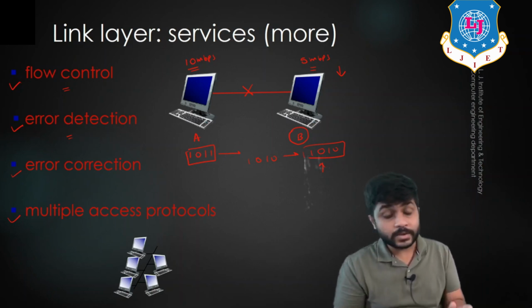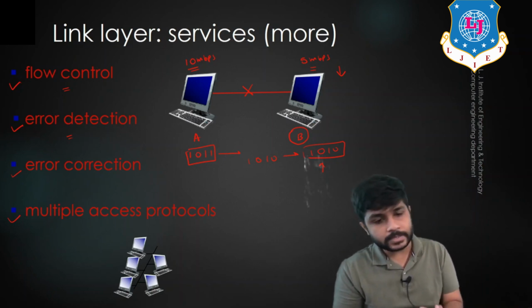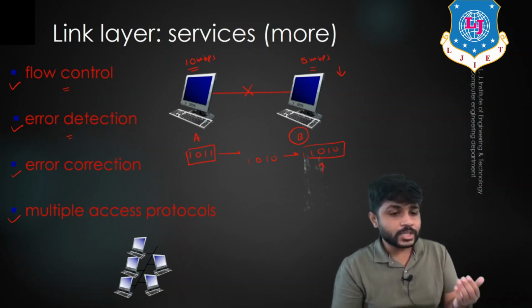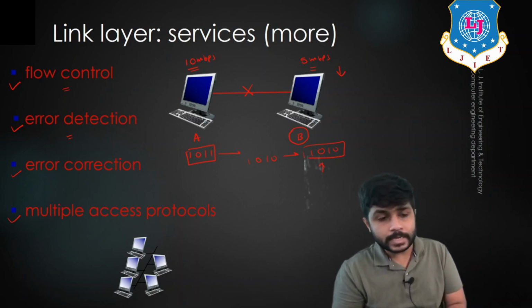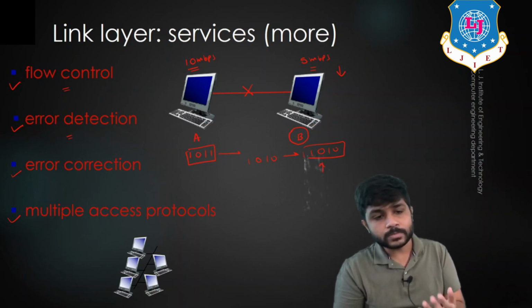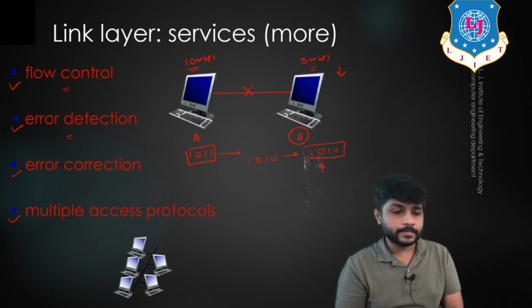There are many methods available for error detection that we will discuss in detail, but right now we are discussing a brief introduction to each and every responsibility of the data link layer. So error detection means that the receiver should be able to detect the error if there is one in the data.